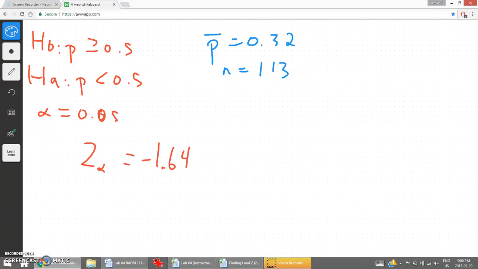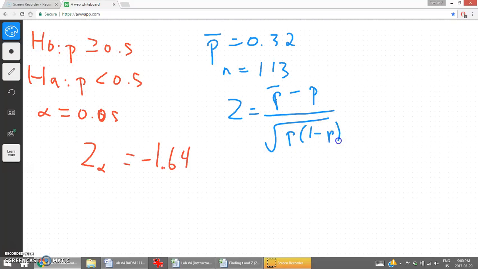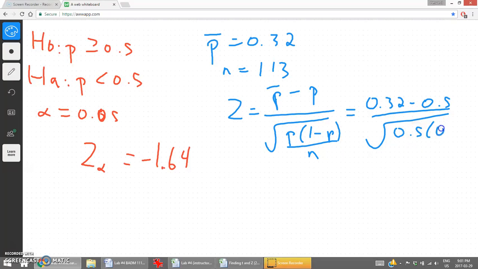The test statistic for the proportion hypothesis test is the sample proportion minus population proportion divided by the square root of population proportion times 1 minus p over n. So substituting in those numbers, we would get something that looks like this. 0.5.